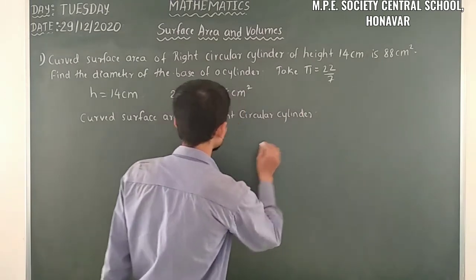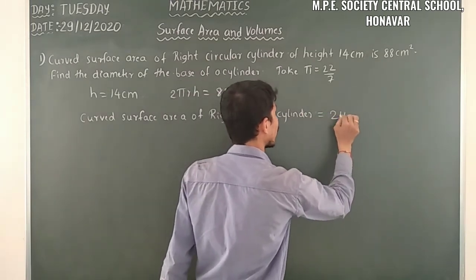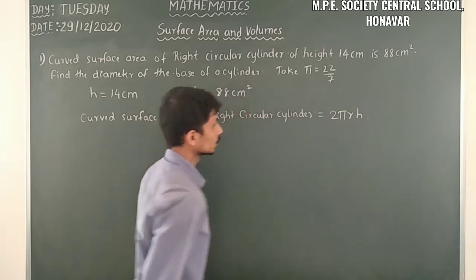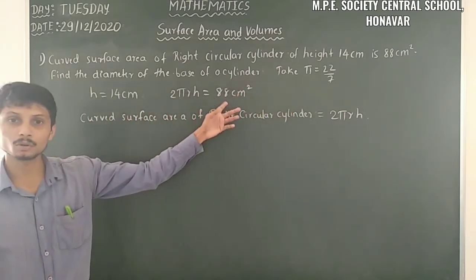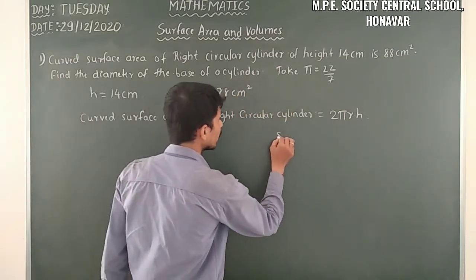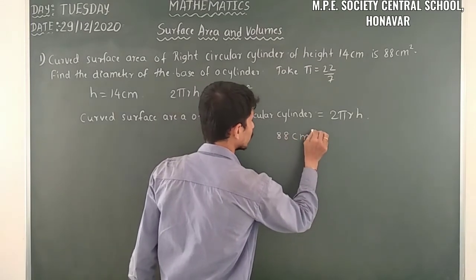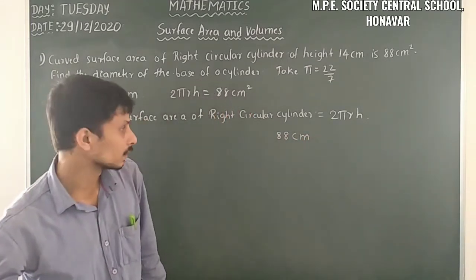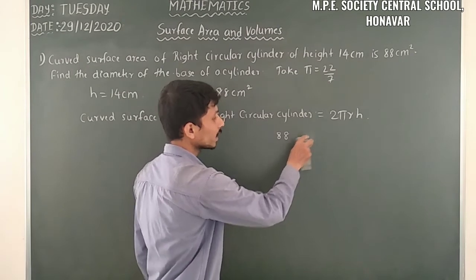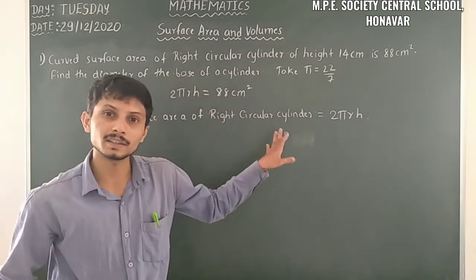What is the value of 2 pi r h? It is equal to 88 centimeter square. All the terms are in centimeter, so no need of writing that.